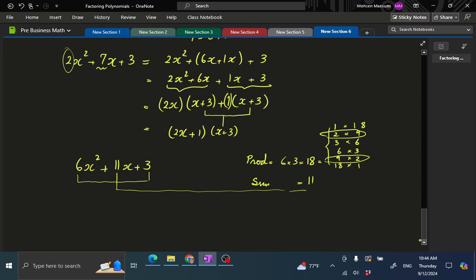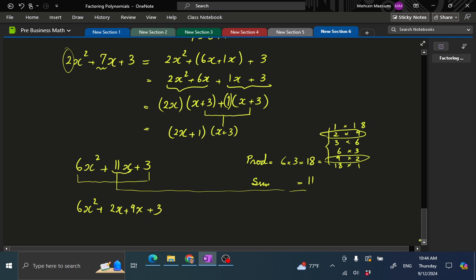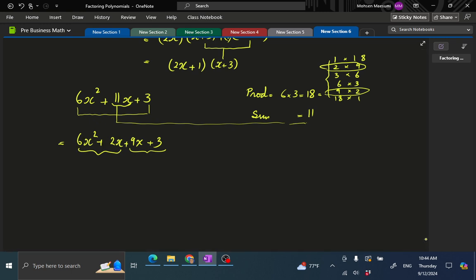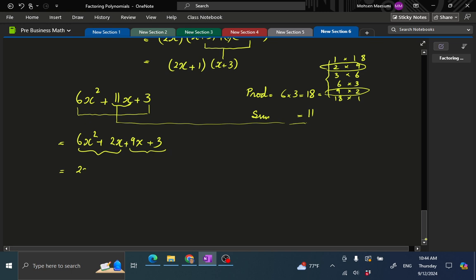Now what we do is we write the 11x, the sum, as this sum. So I write it like 2x plus 9x plus 3. So 11, I break it up. Now, first we do what in high school you probably called factorization by grouping. For the first two, the common factor is 2x, and you are left with 3x plus 1.